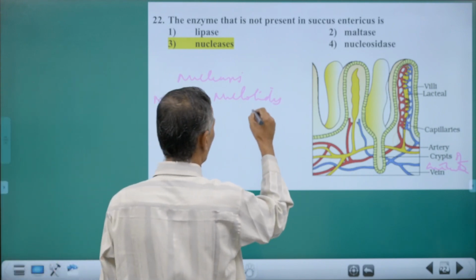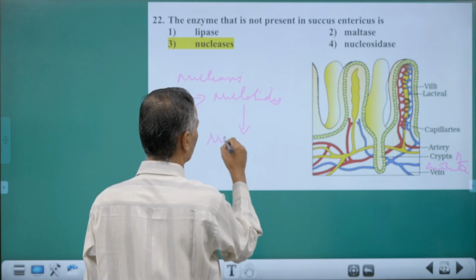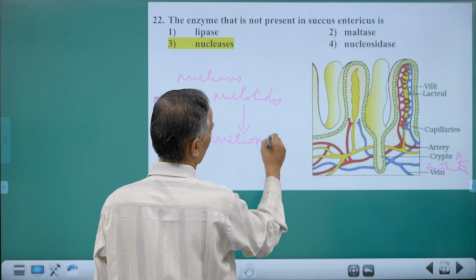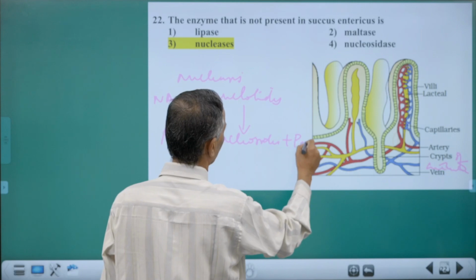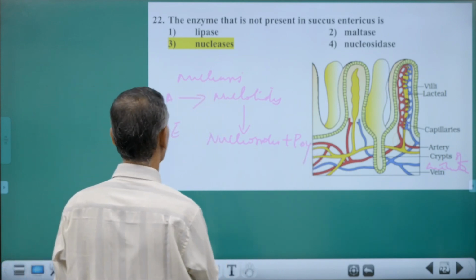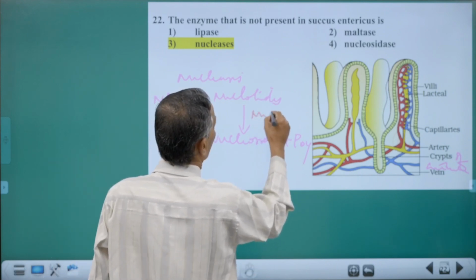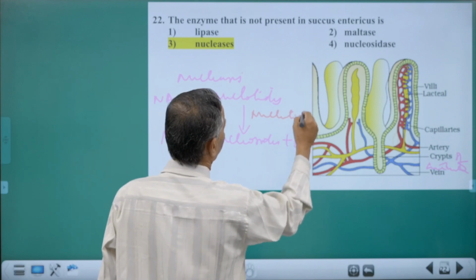Now, these nucleotides are converted into nucleosides by breaking away the phosphate group or phosphoric acid with the help of the enzyme nucleotidases.